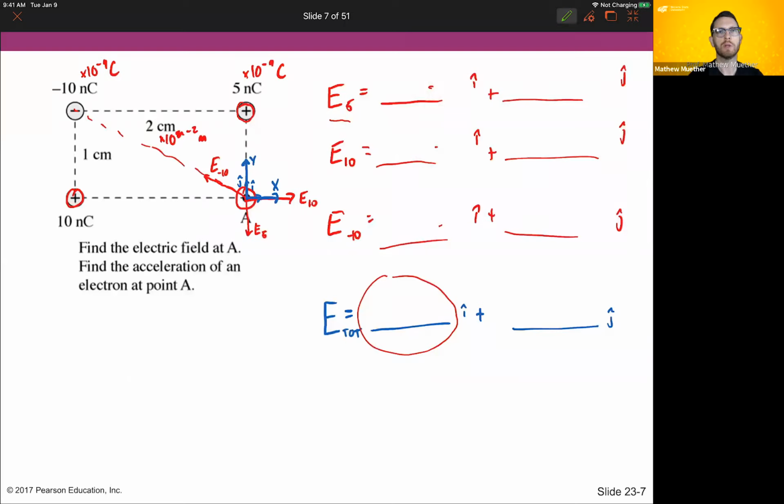You can type your answer into the chat maybe. No. Look, E5 is here. It points downwards. There's no component of it that points in the x direction, so I can just write that as 0. What about in the y direction? Is its component in the y direction going to be positive or negative?